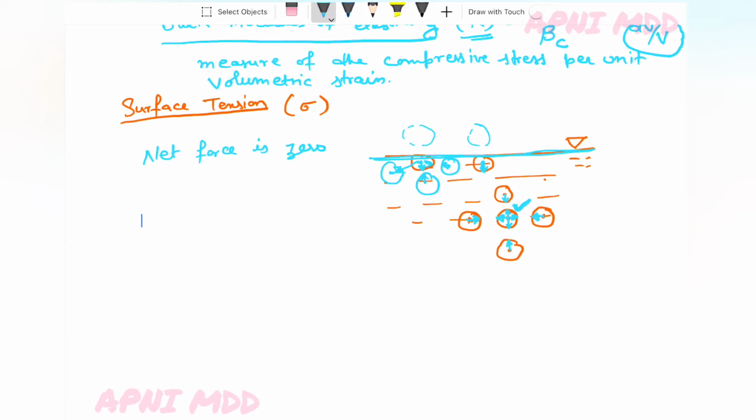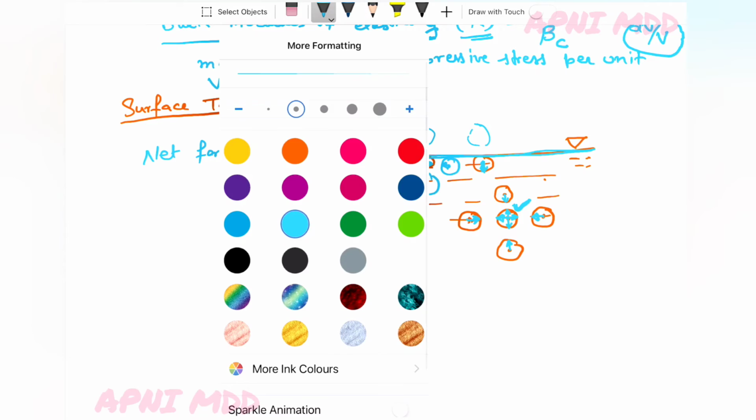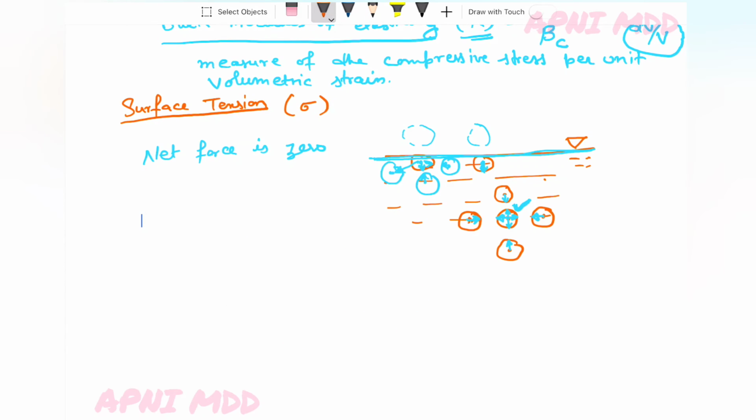Okay. So say now we want to take these surface molecules out from the surface. So for that, we consider a unit surface area and we apply some force to take the surface molecules out from the surface.